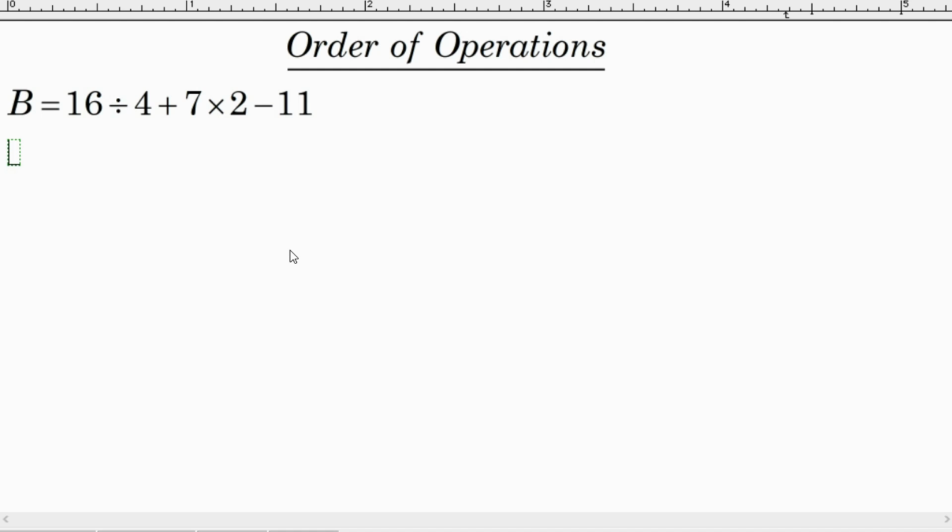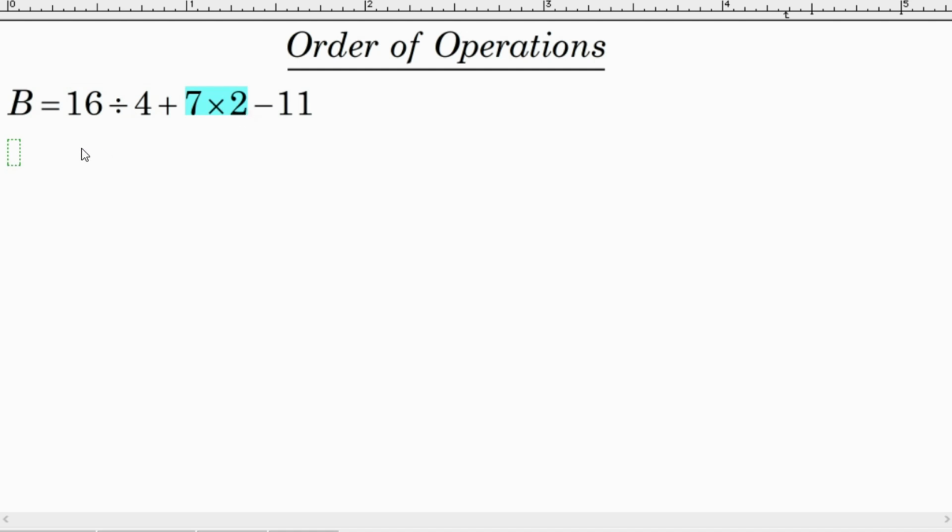Now we have this question. We have a division sign, multiplication sign, addition sign, and minus sign. The first thing we need to do in order of operations, when we have only these signs, is solve the division sign first or the multiplication sign first.